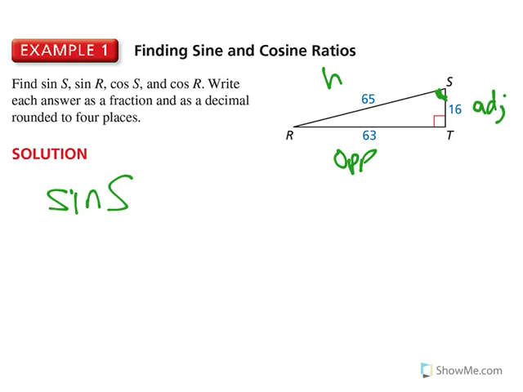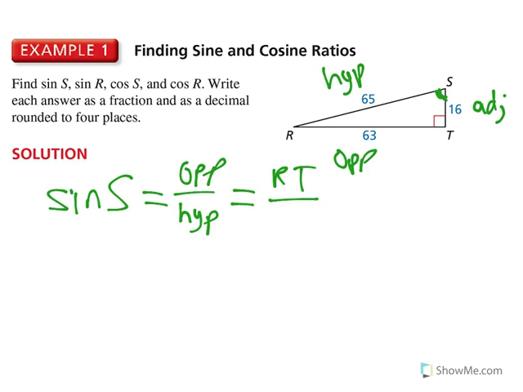And we have our hypotenuse, which is always across from our right angle. When I'm doing sine, sine is equal to my opposite over my hypotenuse, the SOH part of SOHCAHTOA. My opposite is RT, and my hypotenuse is RS. If I plug those in, my fraction is 63 over 65.